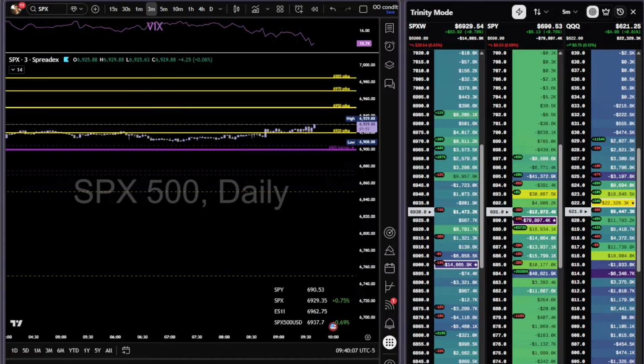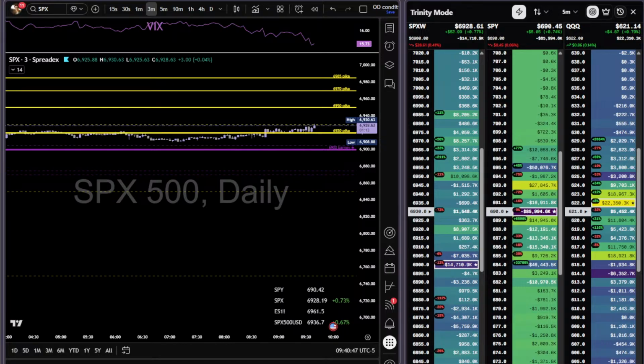Alright, we're back to seeing the growth going to the upside again. We had a brief pause on that. VIX came down quite a bit. We're down at 15.71. Yeah, I think we're ready for a bounce.